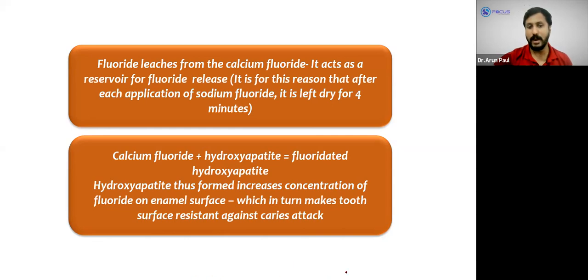The final product is called fluoridated hydroxyapatite. This calcium fluoride reacts again with hydroxyapatite to form fluoridated hydroxyapatite. This is the most desired product on the tooth surface. It is resistant to decay and resistant to dissolution. So this is all about sodium fluoride. Points to be remembered: calcium fluoride, chalking effect.